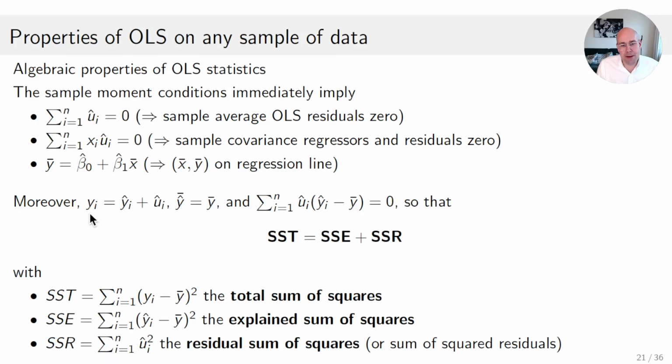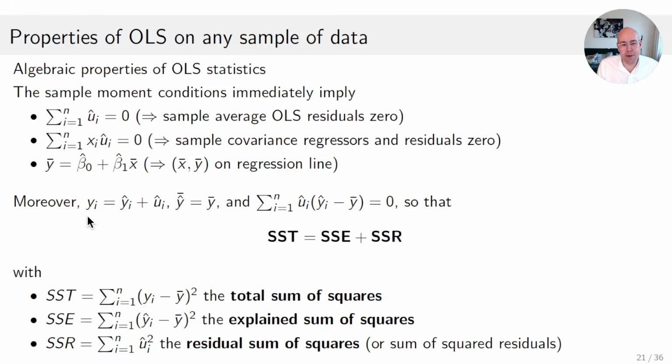When you have the data, then we're going to have a yi, and for our given estimates, beta naught hat and beta 1 hat, we're going to have a yi hat and a ui hat.